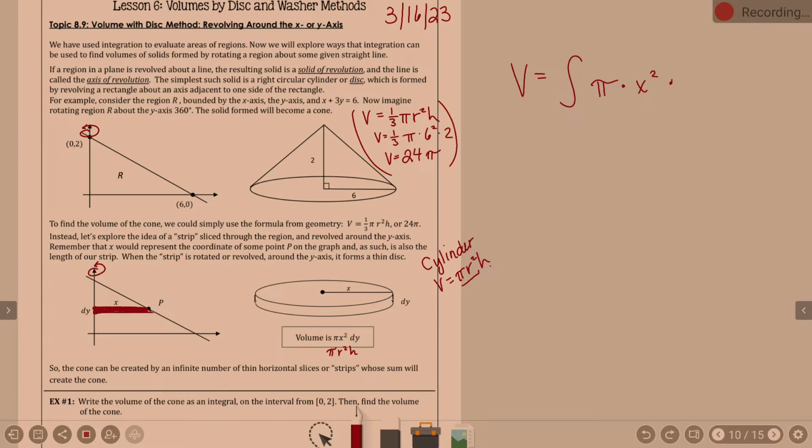But then, what are we supposed to be doing this in terms of? In terms of y, right? So dy. So do I really want an x in here? No. Just like yesterday. What did we do to find that? We're rotating the triangle around the y-axis, which is going to give us the cone.